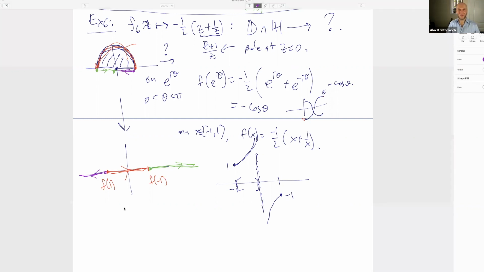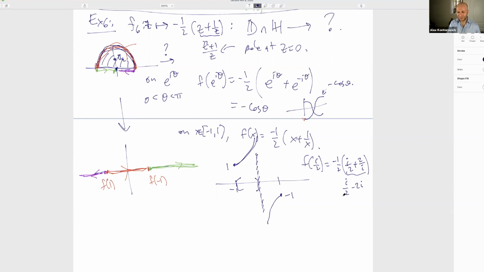Cool? And then what happens to, I don't know, i over 2? What's f of i over 2? f of i over 2 is here. f is negative a half times i over 2 plus 2 over i, which is also i over 2 minus 2i.